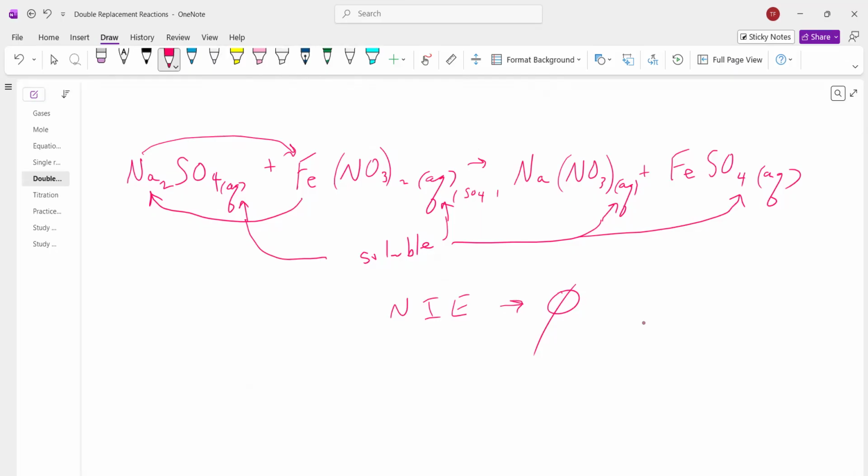One. How about sodiums? Now we're going to have two. What about nitrates on the left? And two on the right. So we have the little two there. So now it's balanced.